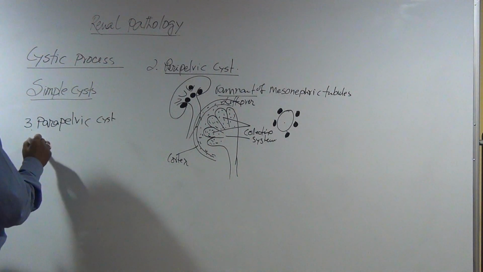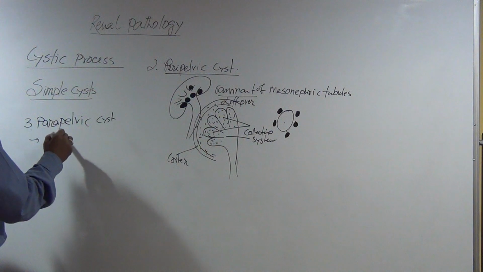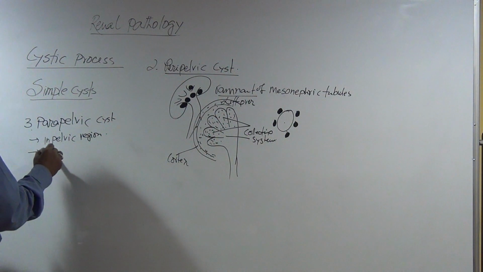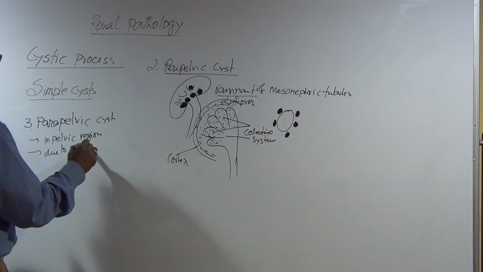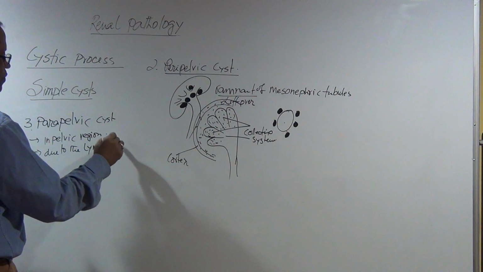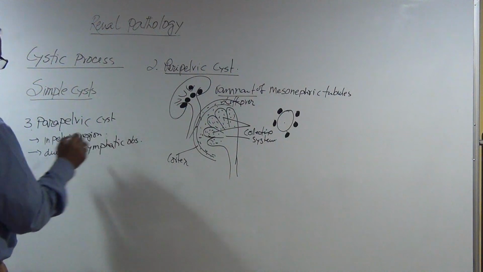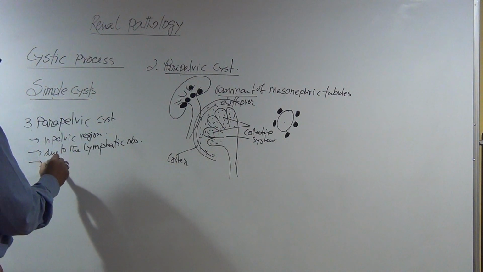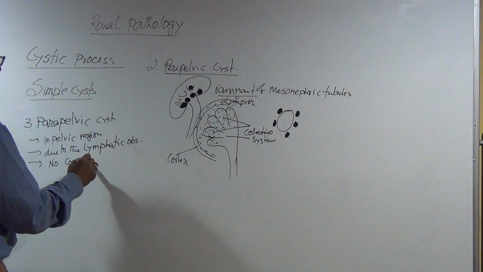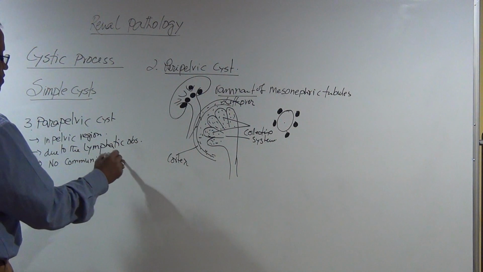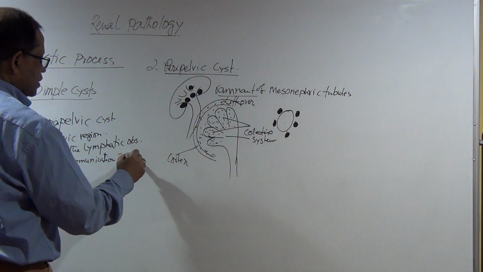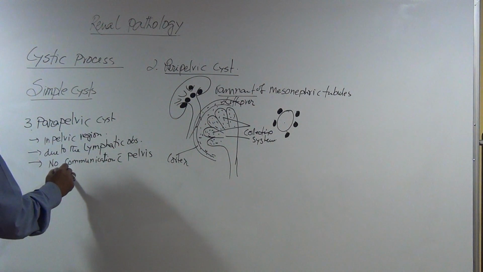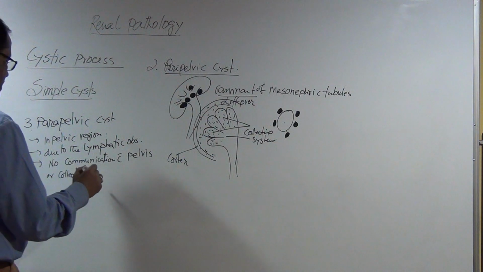Parapelvic cyst, in the pelvic region, and it is due to lymphatic obstruction, and no communication with the pelvis or collecting system.